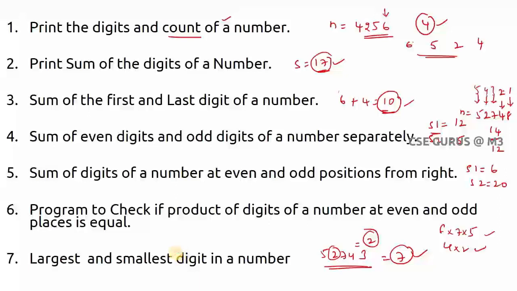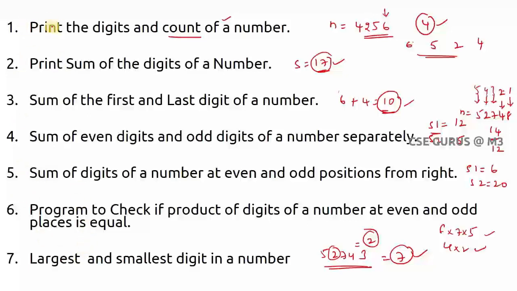One more thing I'm highlighting here: I want to explain all these questions with programs and execution. I'll show the output also. And I will connect one program to another program. That means I don't want to write a separate program for each and everything. Let us suppose I write program 1.